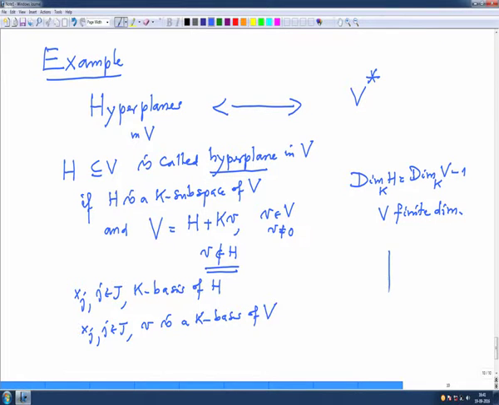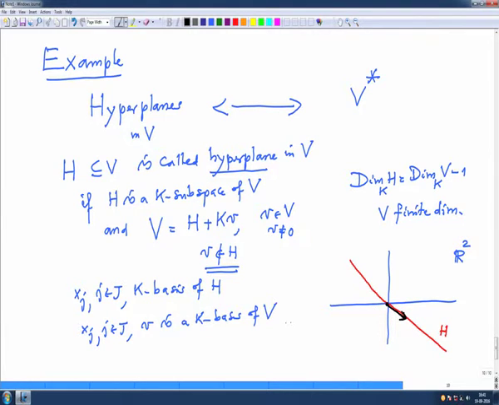For example, if you take the usual Euclidean plane R2, then this line, for example, which passes through the origin, is a hyperplane, this is H. So, for example, this is one vector in H which is a basis.